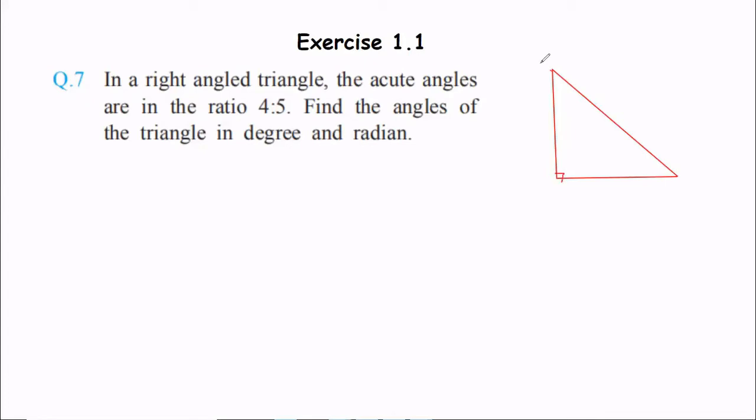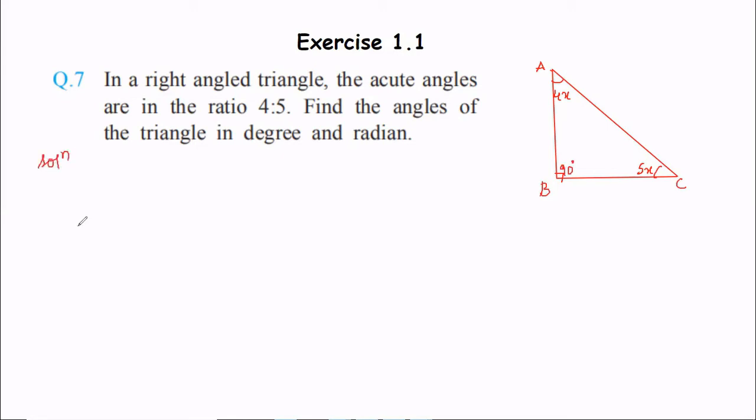Let's say angle A is 4x, angle C is 5x, and angle B will be equal to 90 degrees, since the acute angles are in the ratio 4:5. So let's begin with our solution.